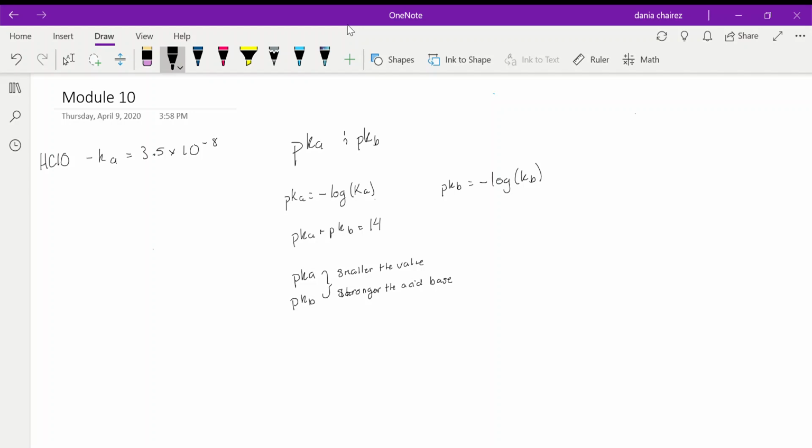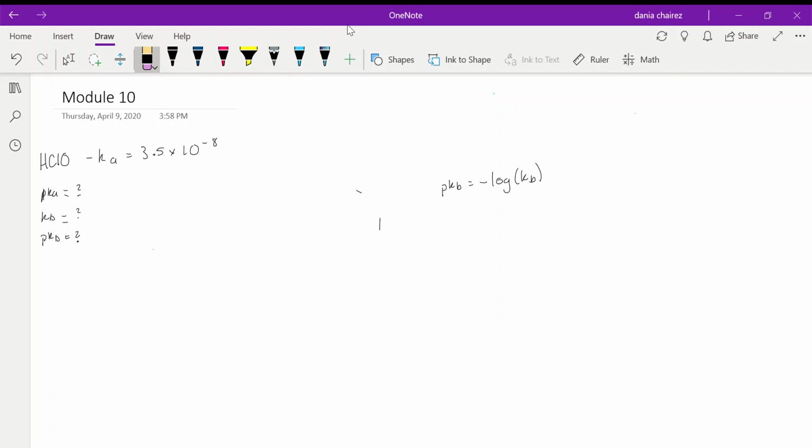So what I want to find is my pKa, my Kb, and my pKb. Right. So there's 2 ways to do this problem, and I'm going to show you guys the 2 ways.